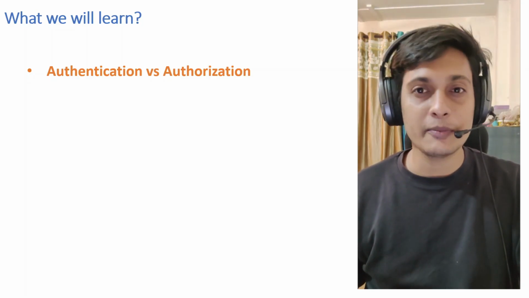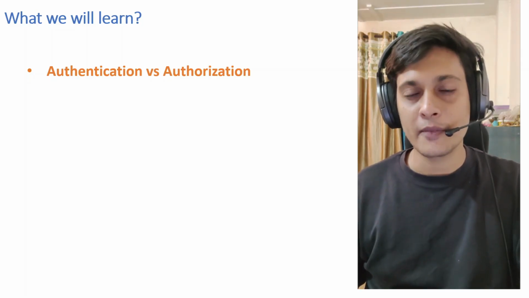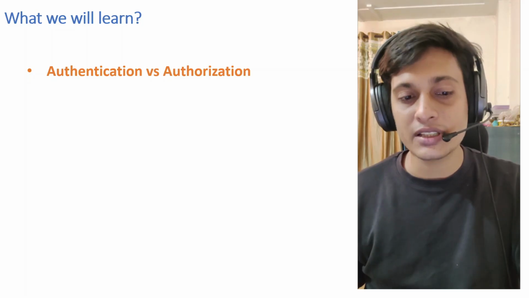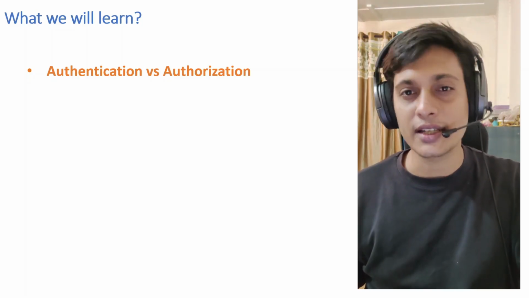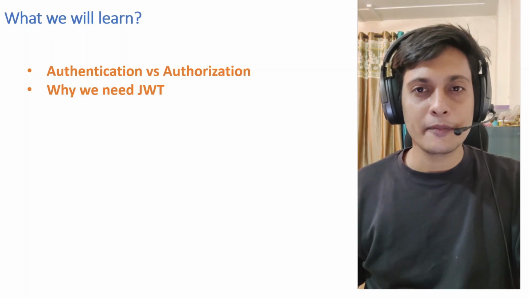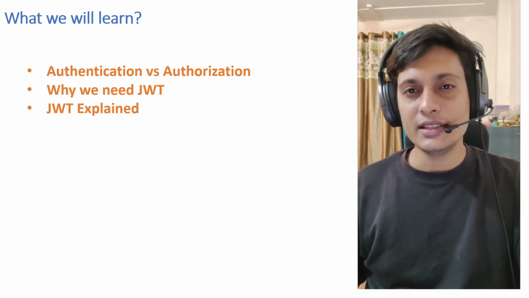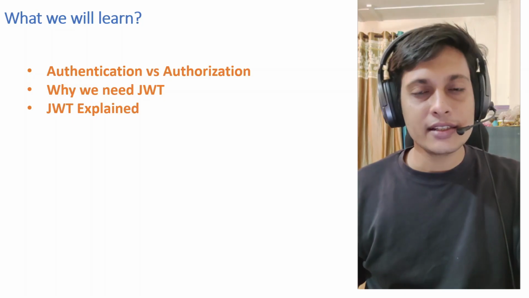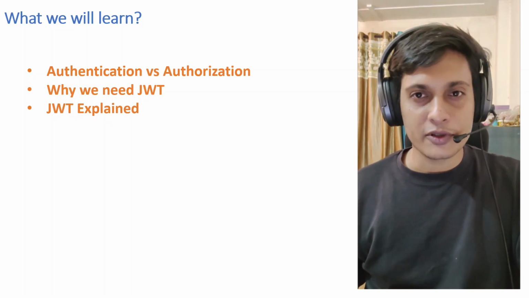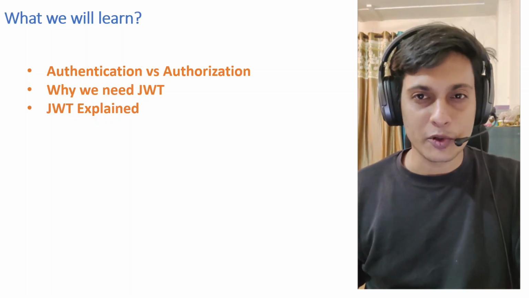This is the way we can implement security in our application. To do that, it is required to understand this concept, which is authentication and authorization. And why do we need this JWT? I'm going to explain this JWT in some detail so that when we implement it, you will not get confused about why we are using it.